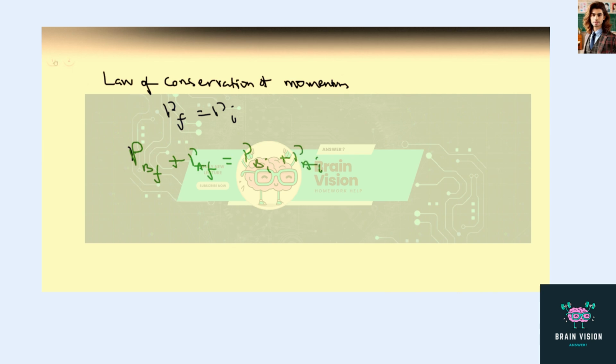If we plug in the numbers for the finals, we get MB V final plus MA V final, equal to MB V B initial plus MA VA initial. Remember, this one is 0 because it's 0 meters per second. Our goal is to get the final velocity, so we can pull that out and have MB plus MA, times V final, equals MB V B initial.